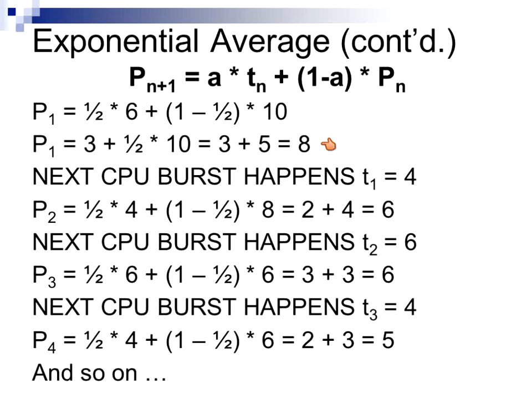P sub n was my prediction for the burst that just happened. So now I get P sub 2 is 1/2 times what I had as my actual time plus 1 minus 1/2 times my prediction, which is equal to 2 plus 4, which gives me 6. Okay, 6 is my prediction for the next CPU burst.